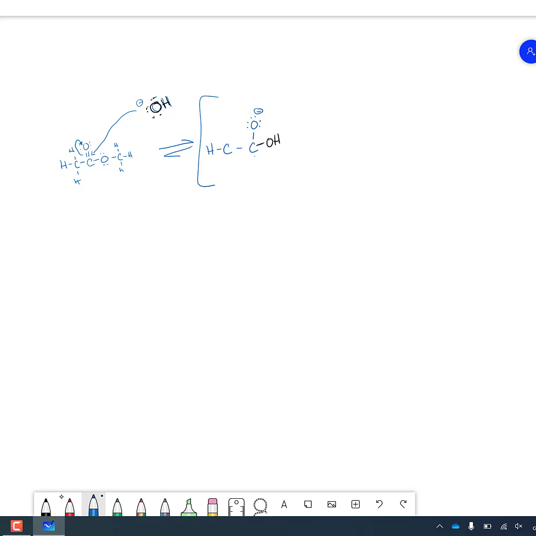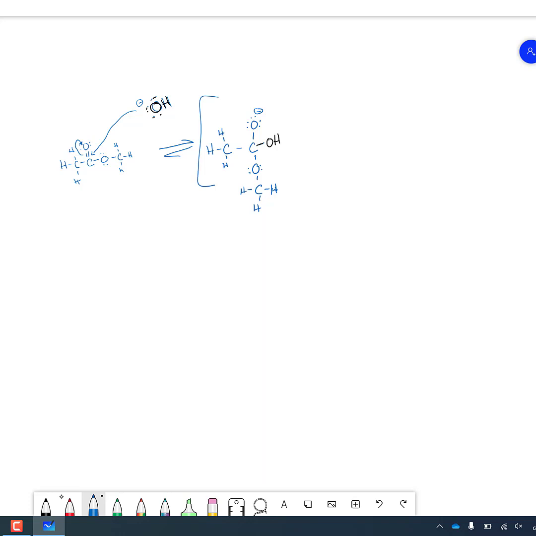And it is still hanging on to the OCH3 that it originally had. Okay, so my original carbonyl has now only got a single bond, but that oxygen has those 2 electrons deposited on top of it and has now a negative charge.